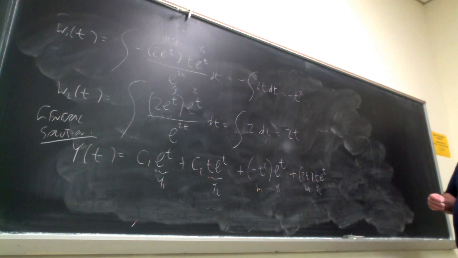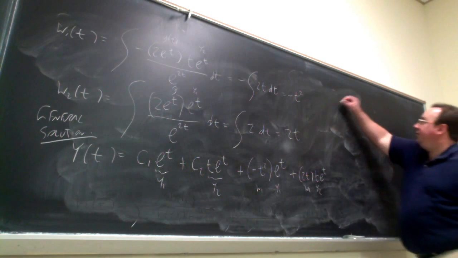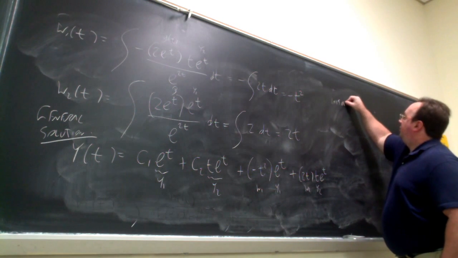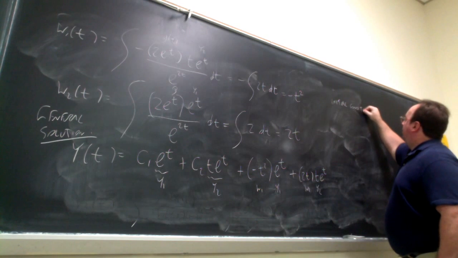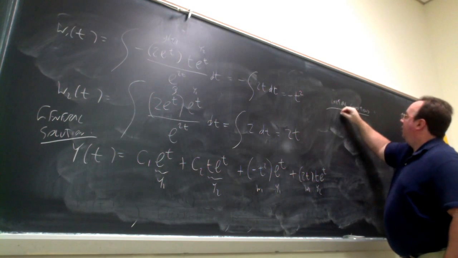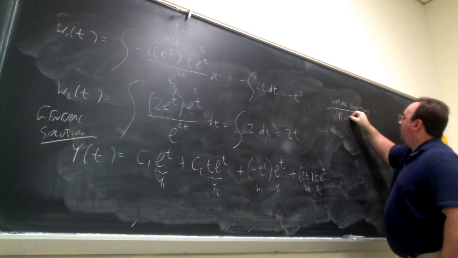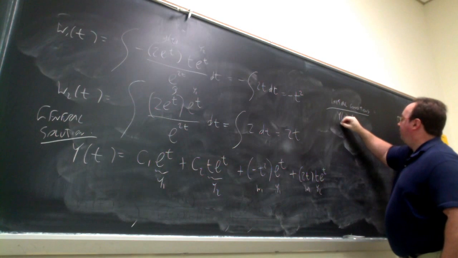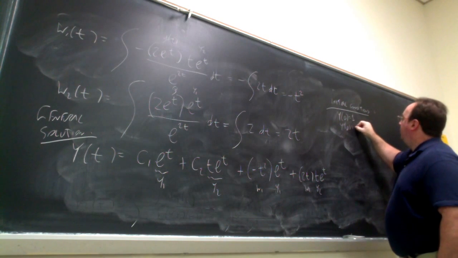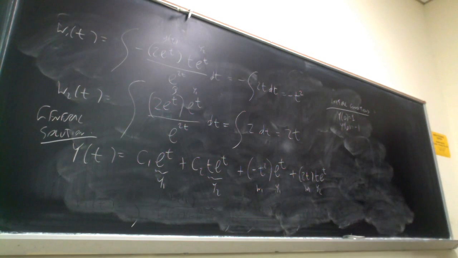But I'm going to make up some initial conditions. I'll say y(0) equals 1, y prime of 0 is minus 1, so it's pretty generic.